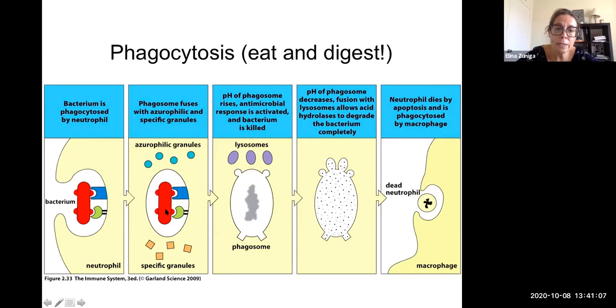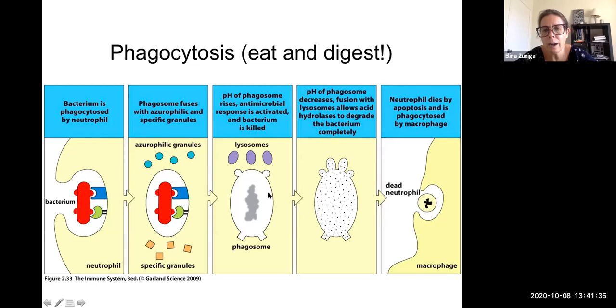And these granules have some antimicrobial products that will initiate the destruction of the bacteria, and they are characteristic in doing so at a high pH. Later on, the phagosome will bind with the lysosome. And as I mentioned when we were talking about macrophages, the lysosomes are also in the macrophages, and they have low pH.